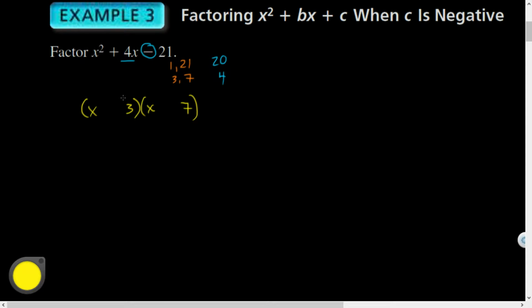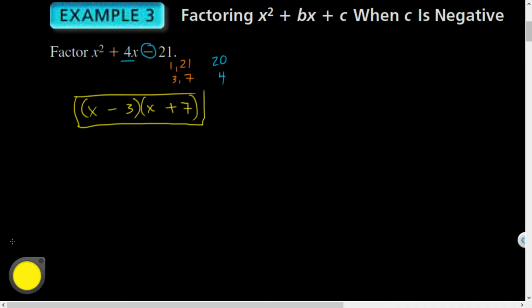Well, let's analyze that. These multiply to be a negative, so their signs are going to be different, and they add to be a positive, so the more influential of them must have been the positive one. In that case, this would be the 7. So it's a positive 7 and a minus 3, so x minus 3 and x plus 7.